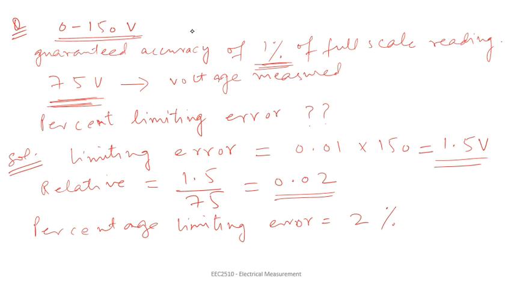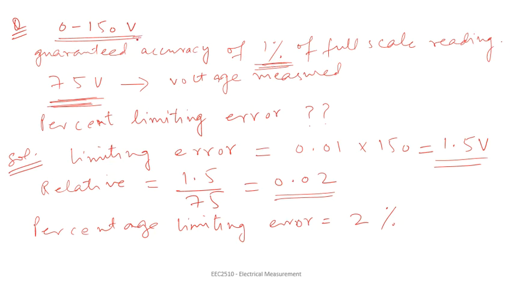Now there is one important thing to notice from this example. It is given in the problem that the meter is guaranteed to have an error of 1% of full scale, or you can call it that the limiting error is 1% at the full scale deflection of 150 volt.